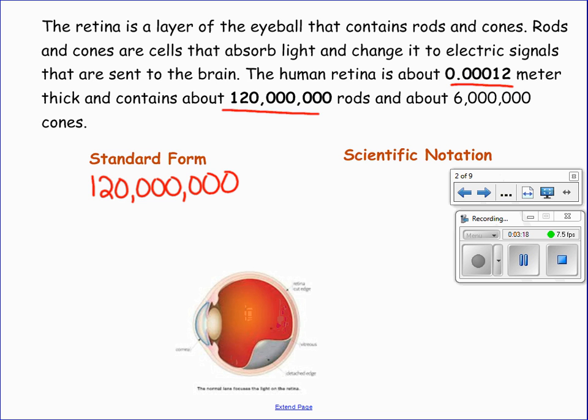Remembering the rule for that, the first part has got to be greater than or equal to 1 and less than 10. And then you're going to denote how many times you need to move the decimal in order to get 120 million.